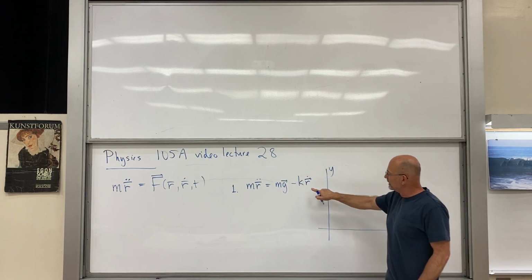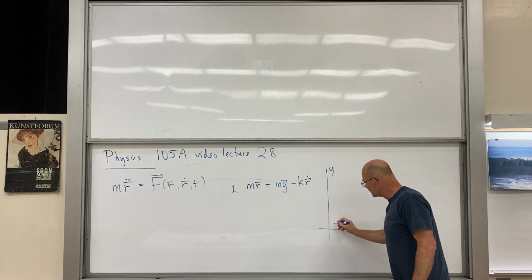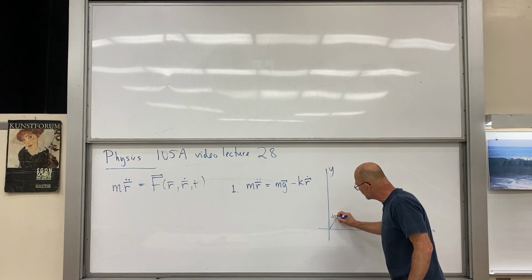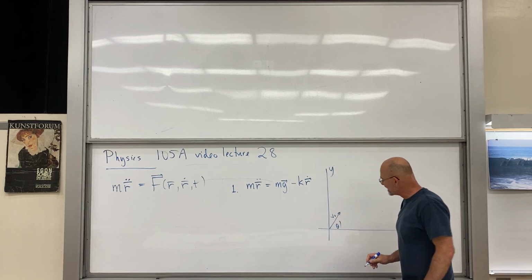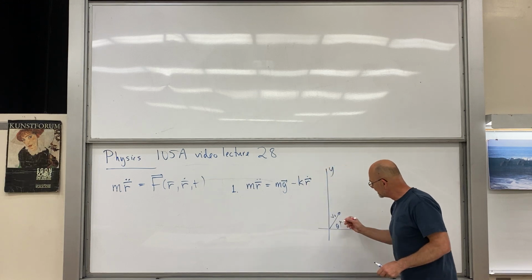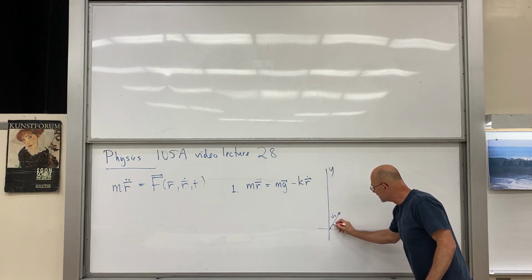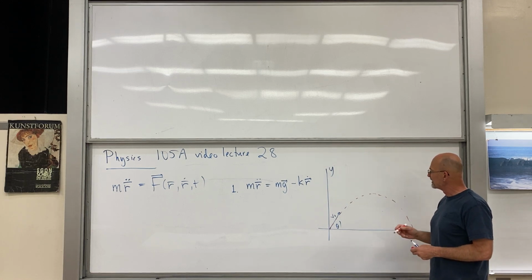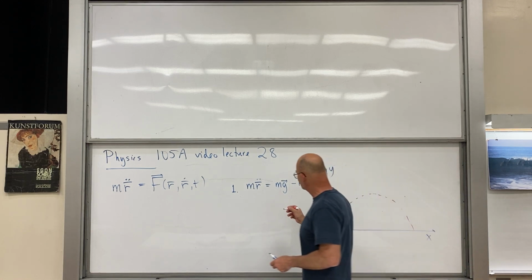In the case where k is equal to 0, this is your standard projectile where if you had v0, projectile launched at an angle theta, you would get a nice trajectory like that. In fact, I can write down what that would be.